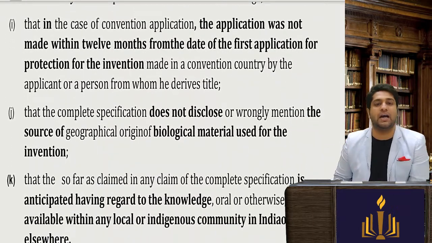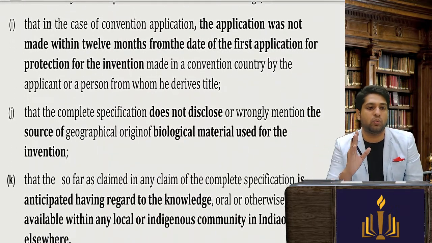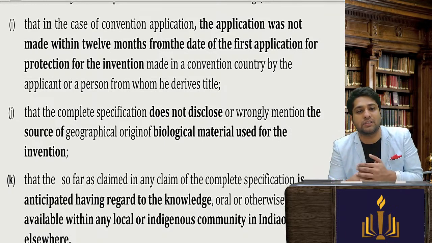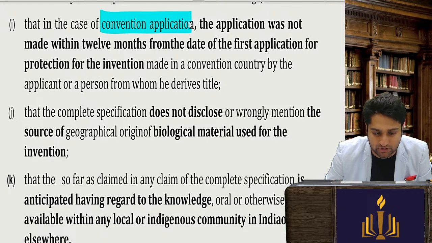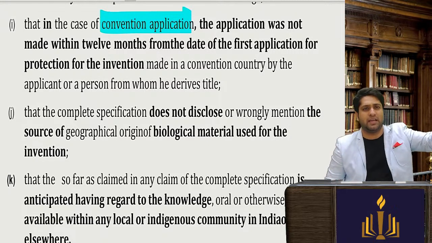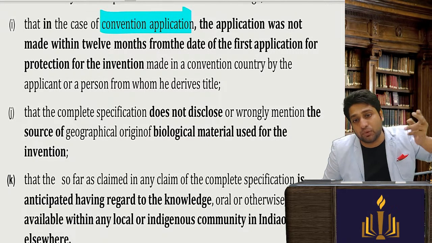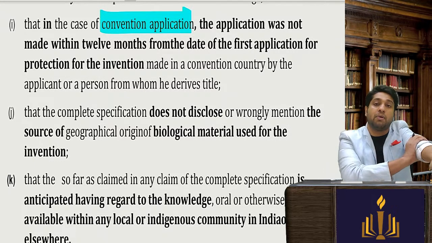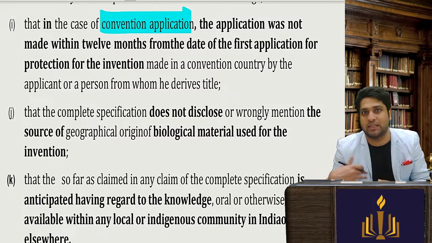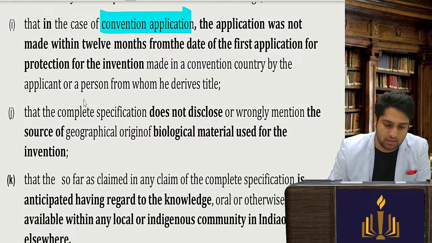Next, remember, in case of convention applications, that is international applications, it has to be filed within 12 months from the claim that they've got in their home country. If it is not filed within 12 months, then it is a ground for opposing the grant of patent.